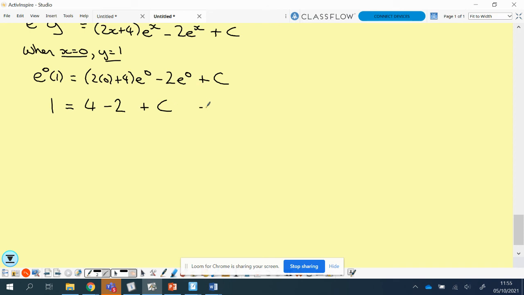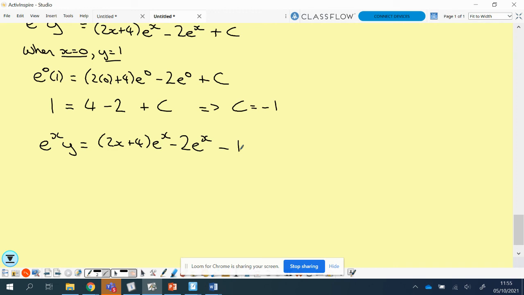Therefore that will tell you that c had to be negative 1. So my equation now looks like e to the x y equals 2x plus 4 times e to the x, minus 2 e to the x, plus c, which is now negative 1.